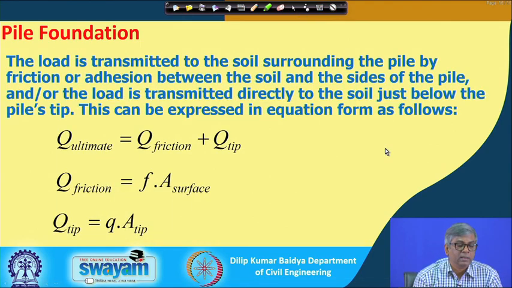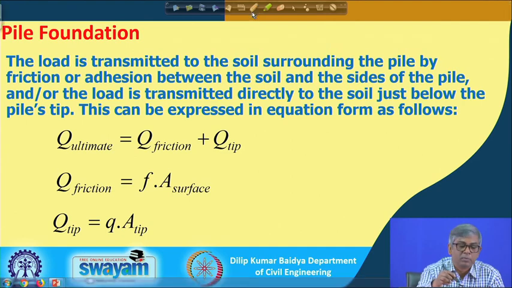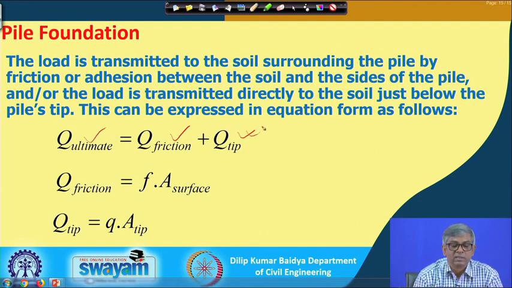As I have told before, Q ultimate will be equal to Q friction plus Q tip, and the load is transmitted to the soil surrounding the pile by friction or adhesion. That means, if there is a pile, I am just showing the elevation here. So, by friction or adhesion between the soil and the pile, there will be frictional resistance load.